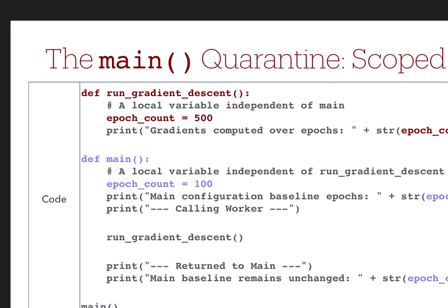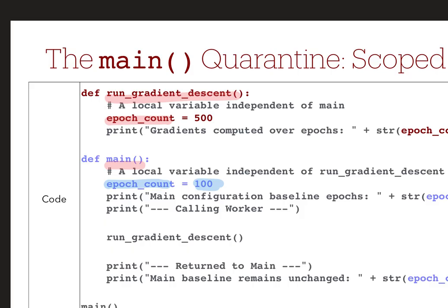So here is the situation. Suppose that I have two functions, the run gradient descent function and the main function. In run gradient descent, I have a variable named epoch count with the value 500. In the main function, I have the same variable with a different value. There is no conflict with these two variable names.